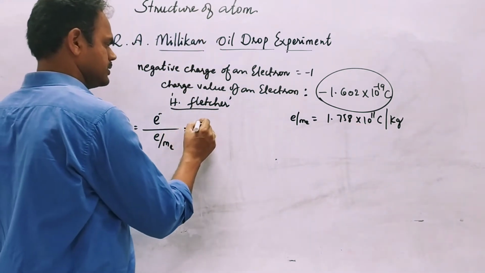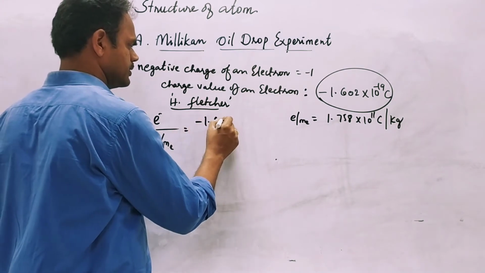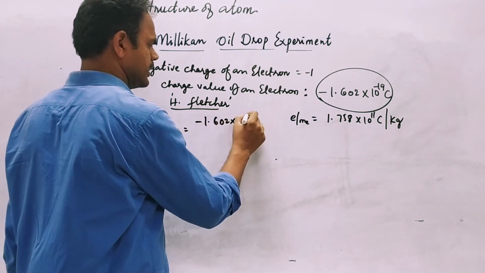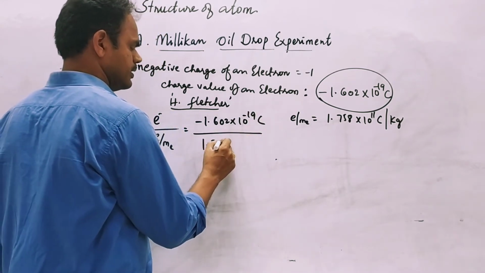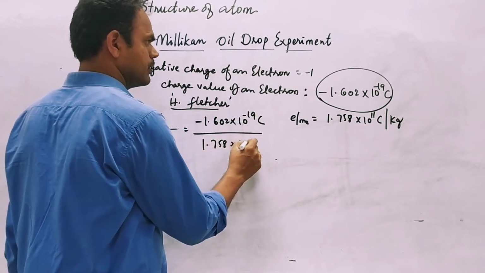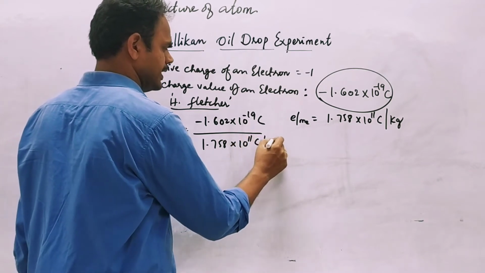So e, the charge of electron, 1.602 into 10 to the power of -19 coulombs, upon 1.758 into 10 to the power of 11 coulomb per kg.